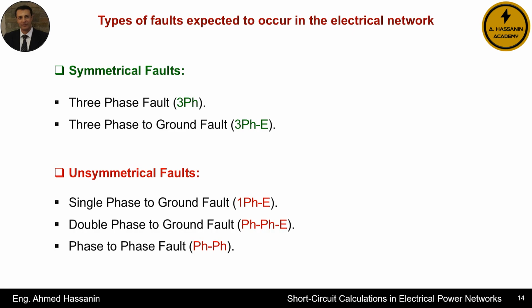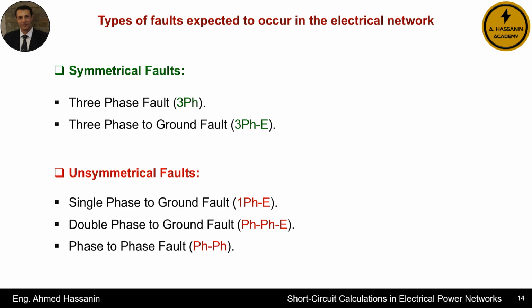As for unsymmetrical faults, they are defined as faults in which the current and voltage values in the three phases R, S, T are not equal. They also refer to faults occurring between some phases and the ground or between phases without the presence of the ground. Thus, unsymmetrical faults consist of three types of faults.